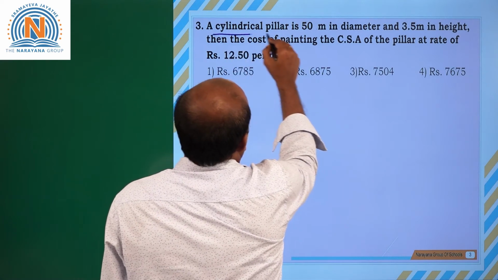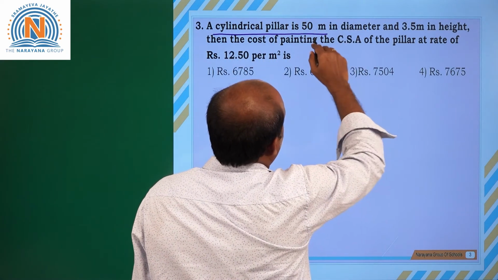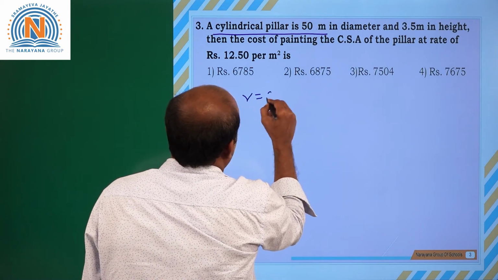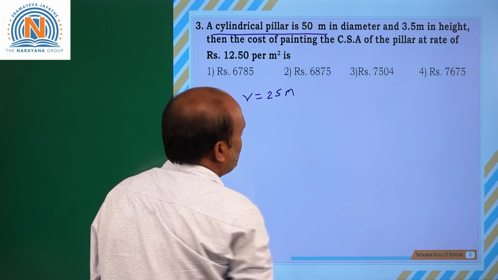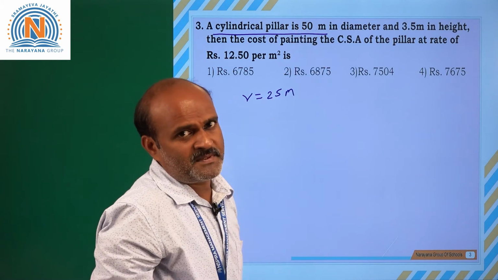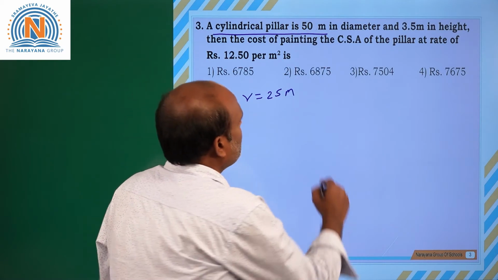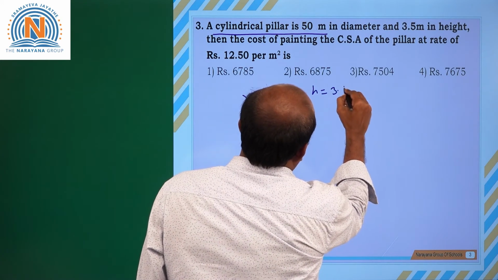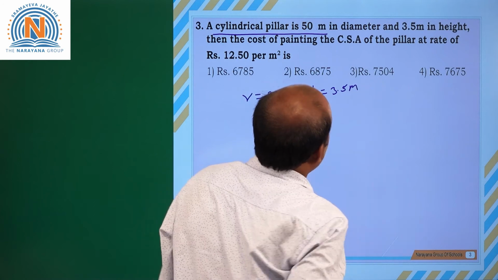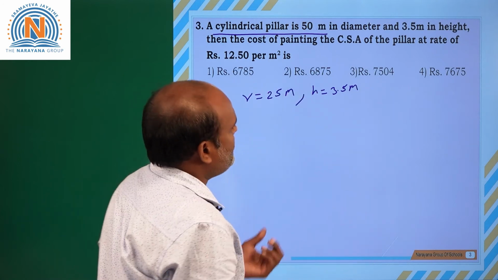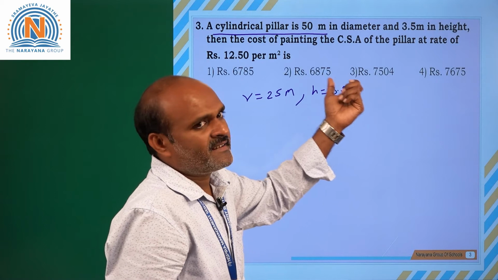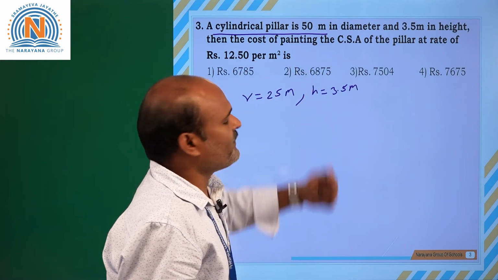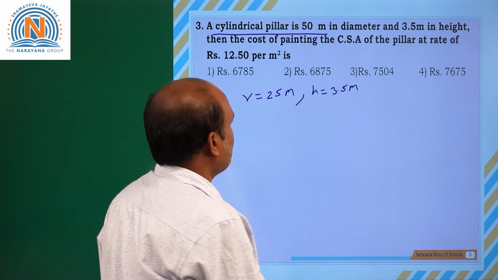So the diameter is 50 meters. So what is the radius? 25 meters, right? The diameter is 50 meters, so the radius is 25 meters, and the height h is equal to 3.5 meters, right? Now we want to find the CSA. First we find the CSA, then that resultant value multiplied with 12.50 gives the answer, right?